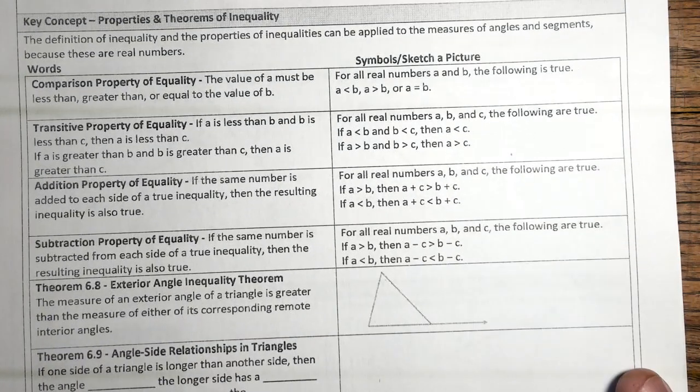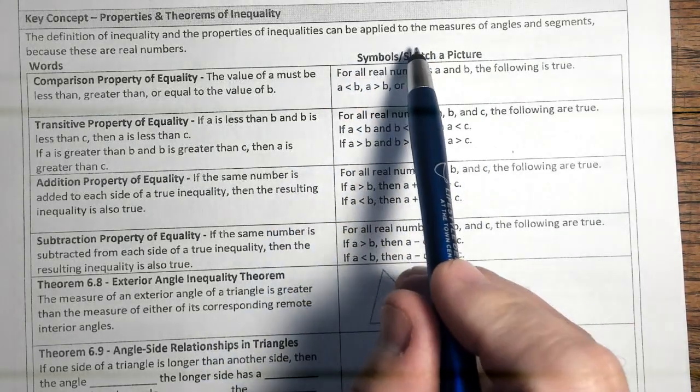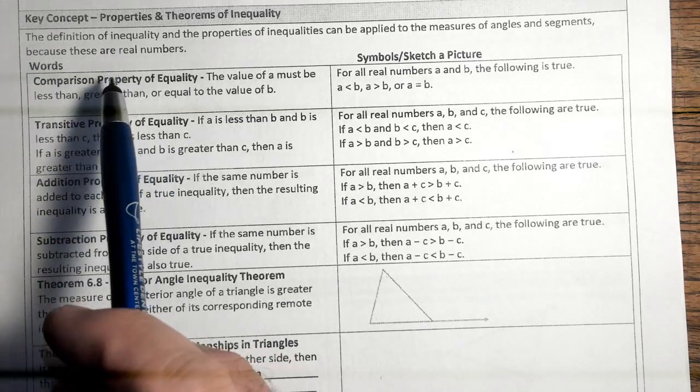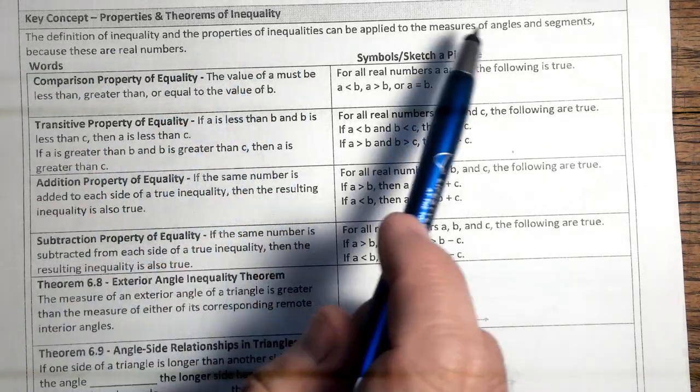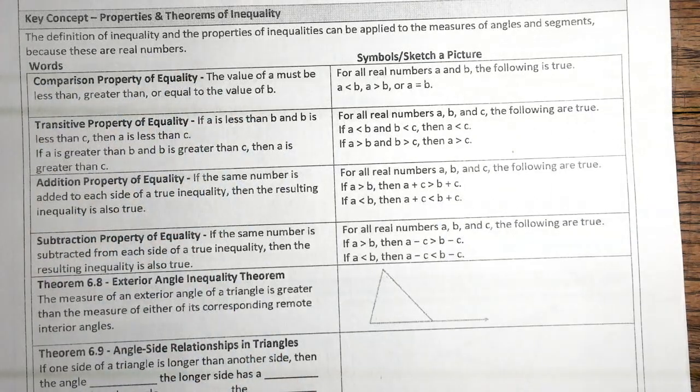Key concepts, properties, and theorems of inequality. The definition of inequality and properties of inequalities can be applied to measurements of angles and segments. Just like equalities, inequalities can be used for angles and measurements because they're all real numbers.